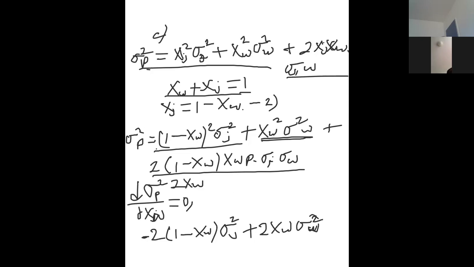Already we know that this expression is equal to the covariance between J and W. Because I don't have my space, I'm going to write this as 2SW, then covariance between J and W, minus 2 times SW minus 2XW squared, then that will give you multiplied by the covariance between J and W. So I've just tried to expand the third component of the equation that we are looking at.